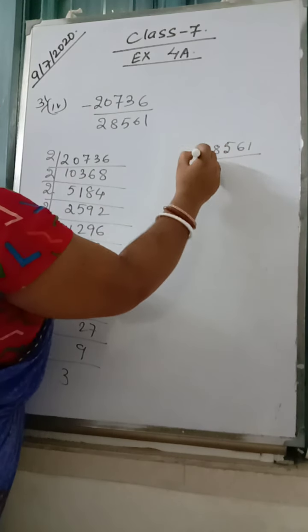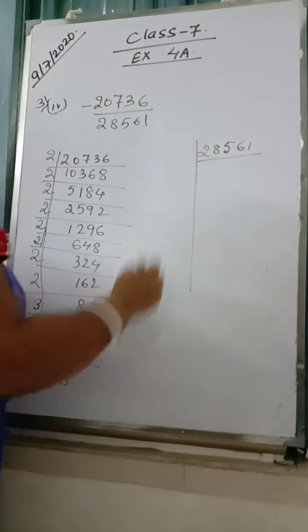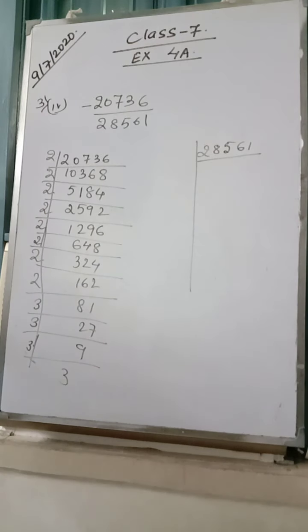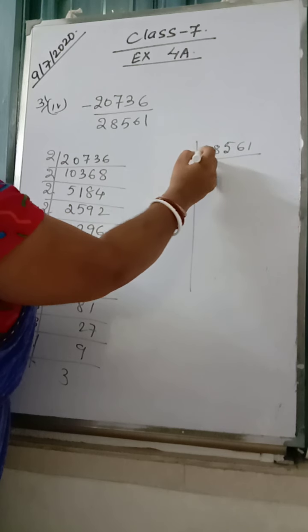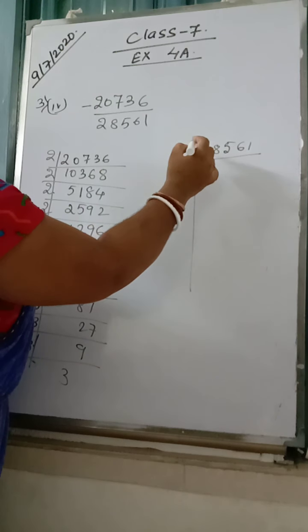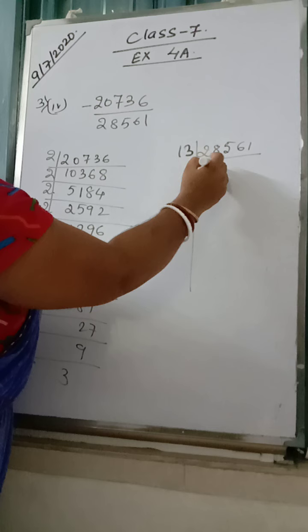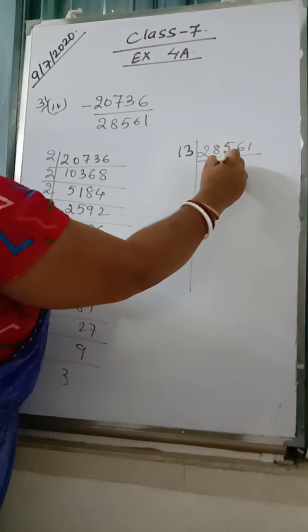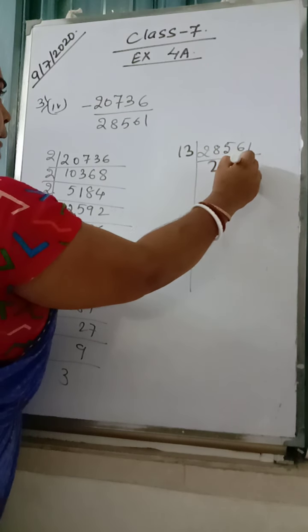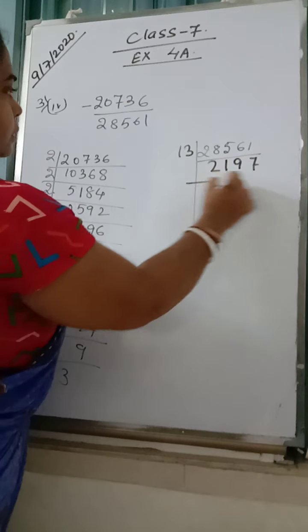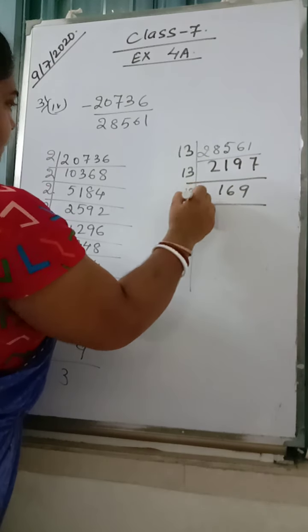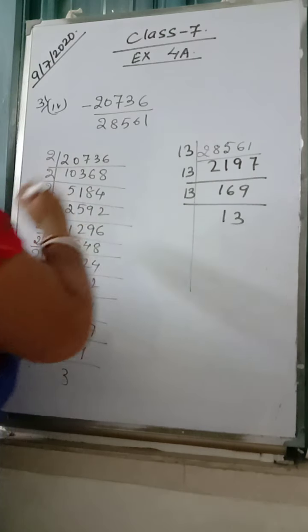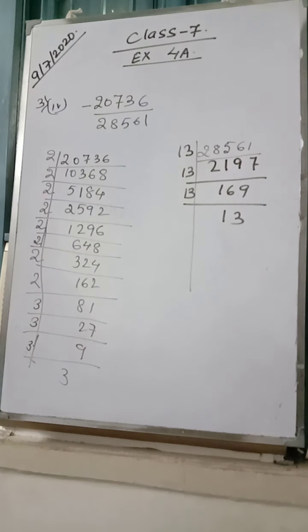Now 28561. Only 13 will go into it. Now what can we see here?